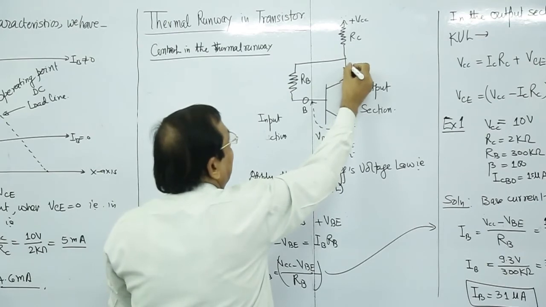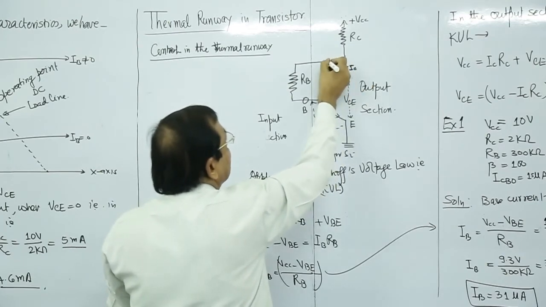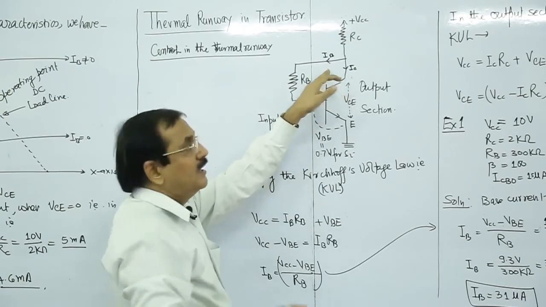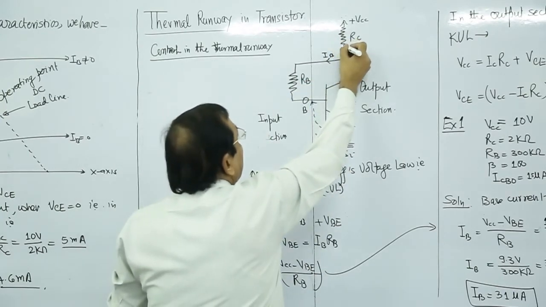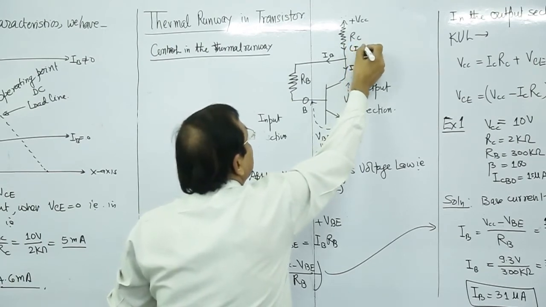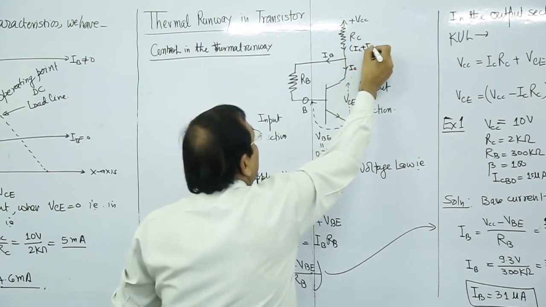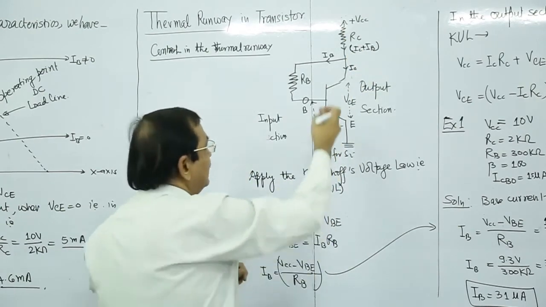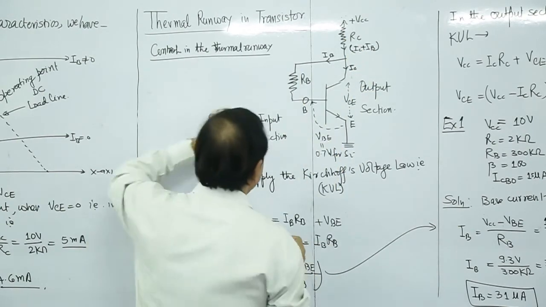Here the current will be IC and this current is IB. And in this part, the resistance RC, IB plus IC is flowing, and this part is going as it is.